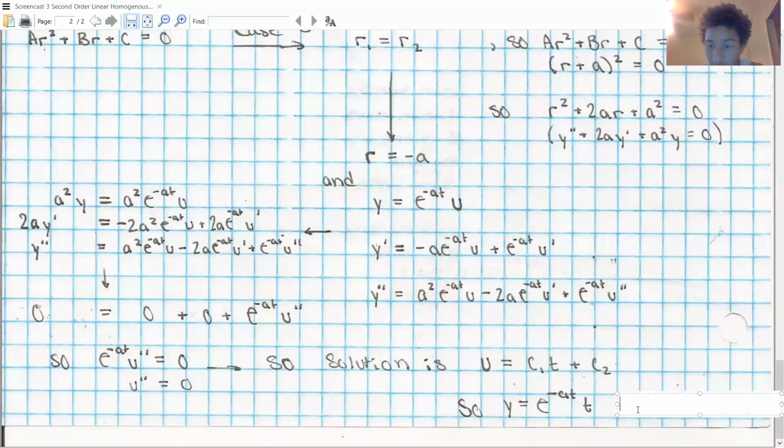And this will look like, in general terms, we'll have an e to the negative at times c sub 1 t plus c sub 2. And that'll be all three cases of the second order linear homogeneous differential equation with constant coefficients.